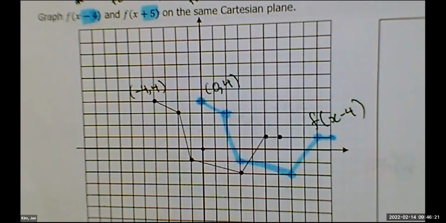Question. A isn't the same as B. It's negative. For the k, it's as is. If it's a plus, then we're moving up.